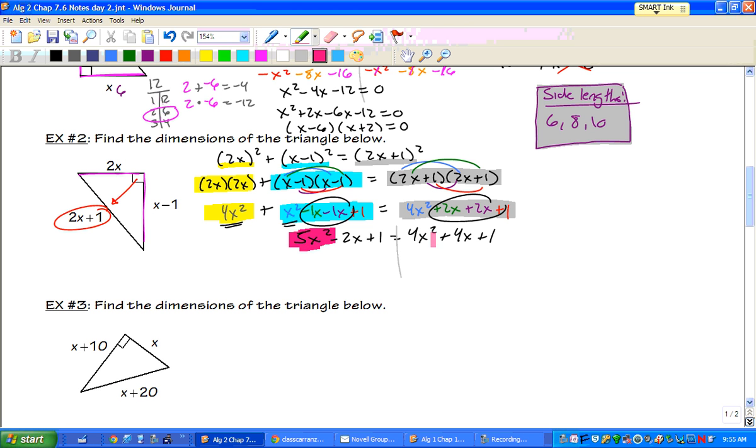Take a look. And which one is the leading coefficient? 5x squared. Okay? So we have to subtract everything on the right to the other side so we can get everything equal to 0.